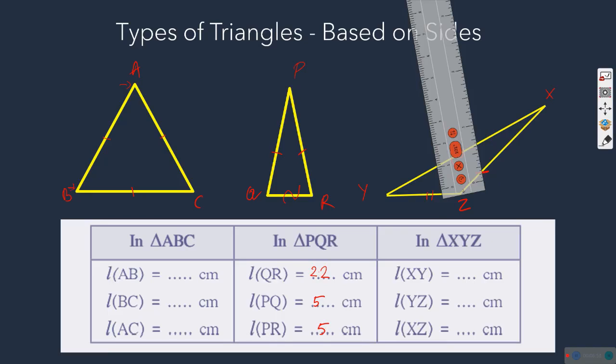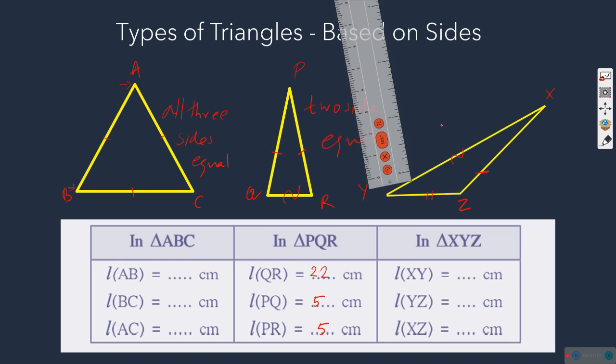So these are different types of triangle because here all three sides are equal. Correct? When it comes here, two sides equal. Correct? When it comes here, no sides equal.